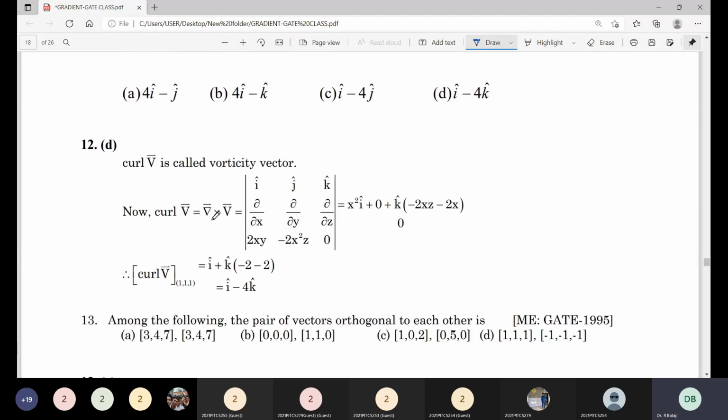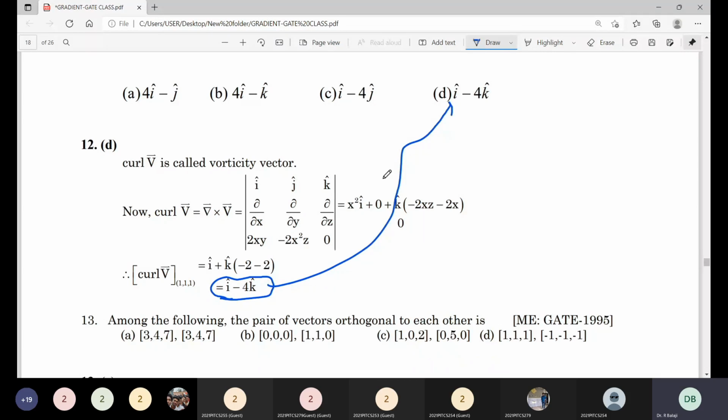The curl, del cross V, is equal to x square i vector plus k into minus 2xz minus 2x, which is i vector plus k vector into minus 2 at the point 1 comma 1 comma 1. So i minus 4k is the answer. Option D is the correct answer.